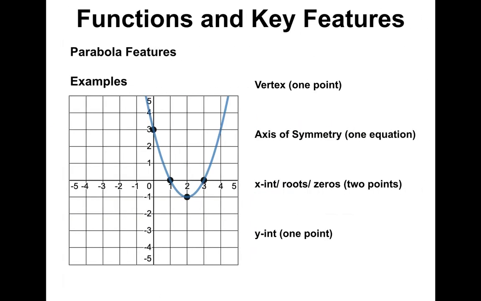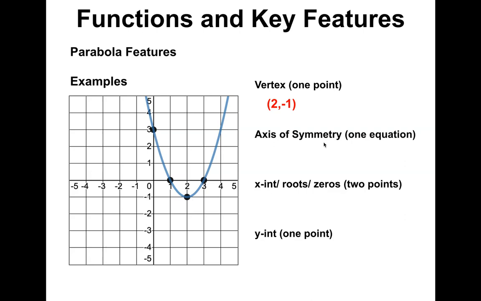So let's look at an example to name these different key features. A vertex, remember, that is just one point, and that is an xy ordered pair for this graph at 2, -1. So beginning from the origin, we're going to count x and then y, and we get to that point, 2, -1.